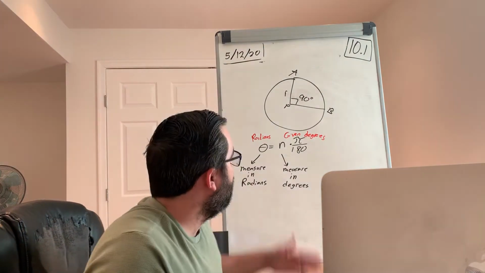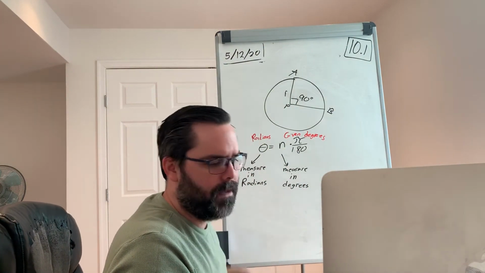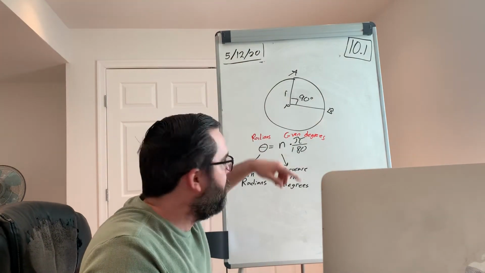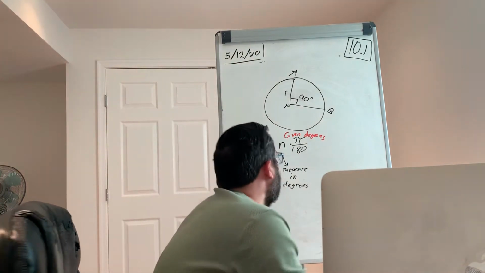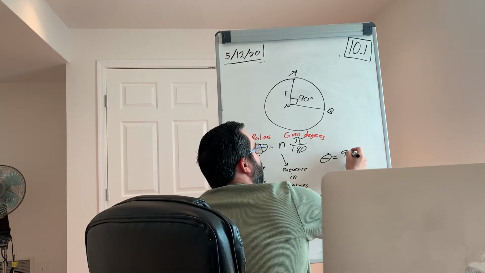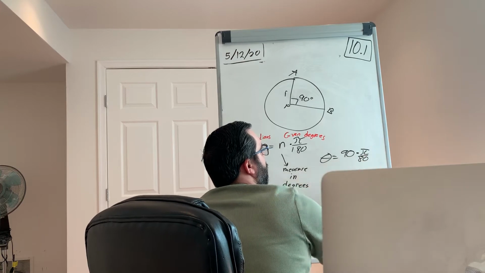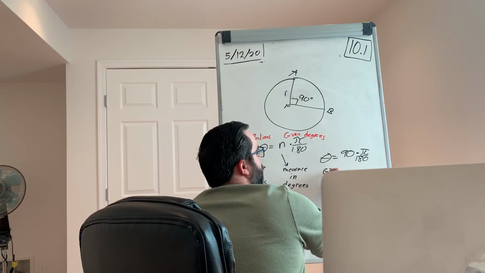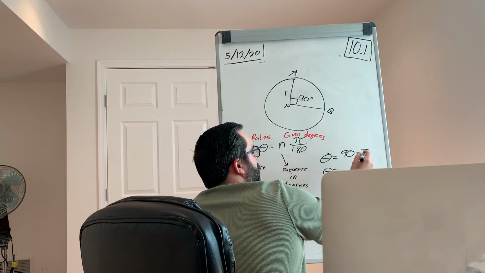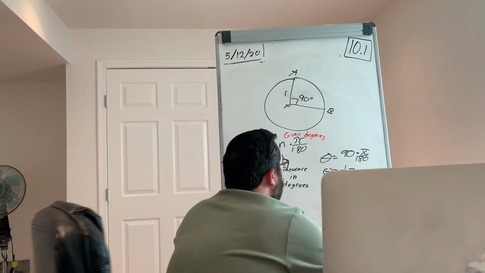All right. So to do that, you just plug 90 in for n, and you solve this, and you'll have how many radians. So let's do that for this angle. 90 goes in for n, and theta equals 90 times pi over 180, which is 1/2 pi.